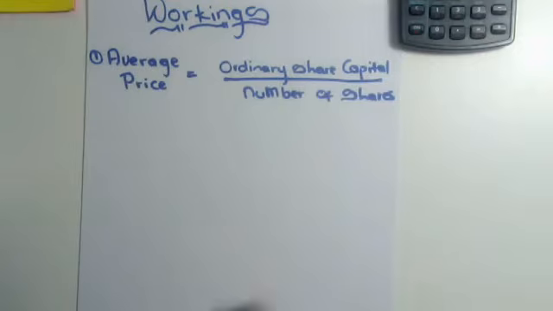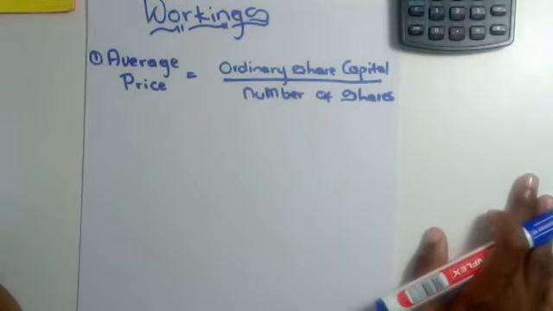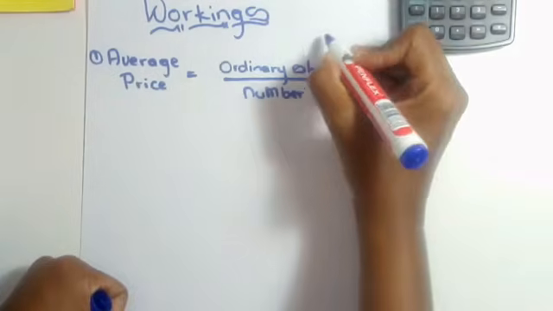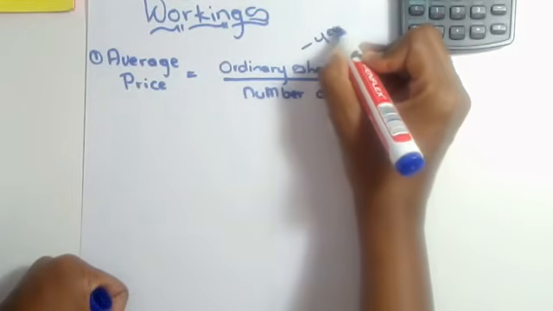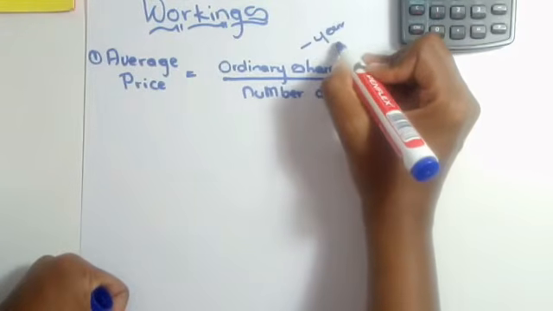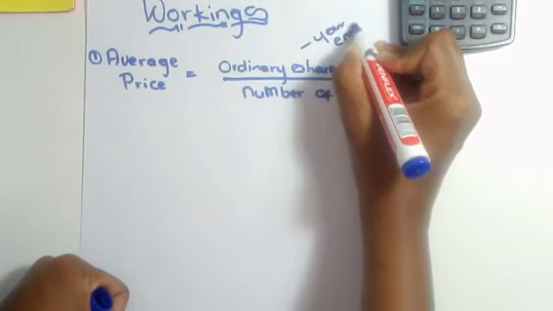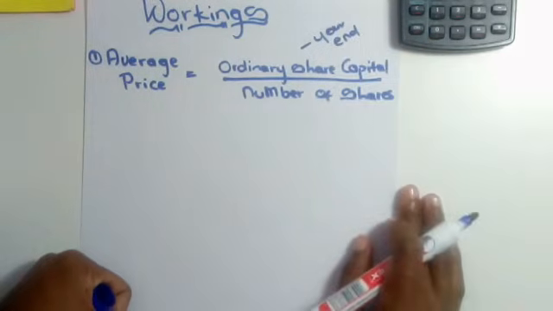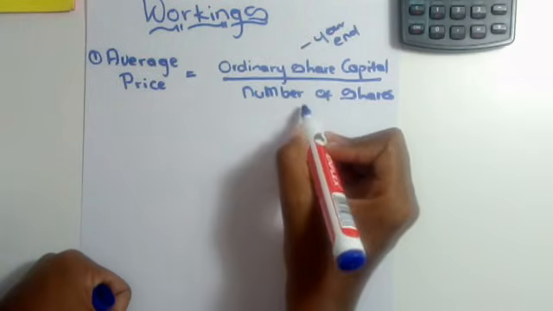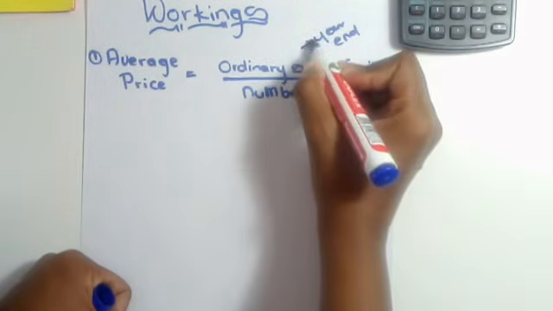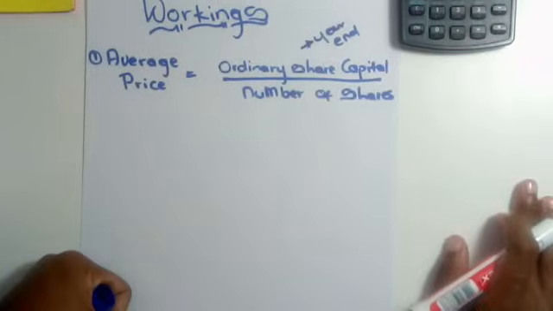So to work out that average price, we are going to use a formula, which is ordinary share capital at the end of the year, so the one that you found in your information B, divided by the number of shares, which also is going to be at the end of the year.